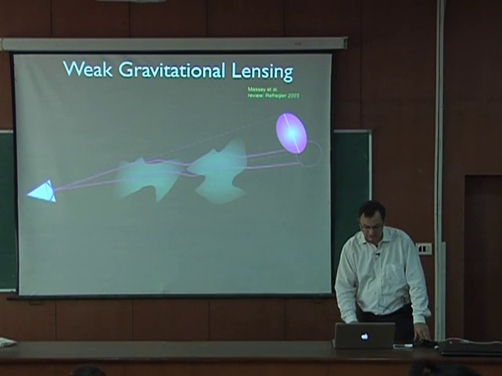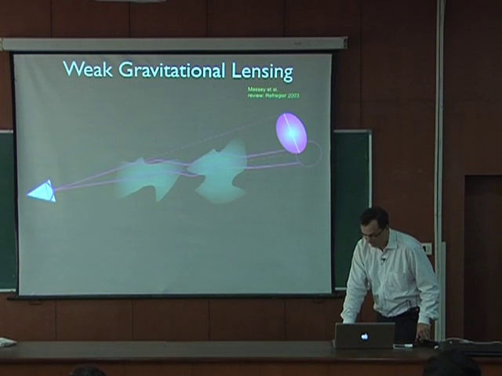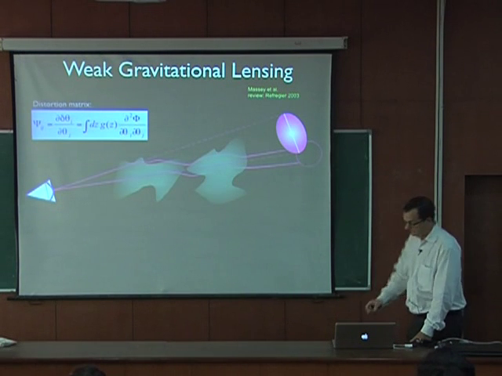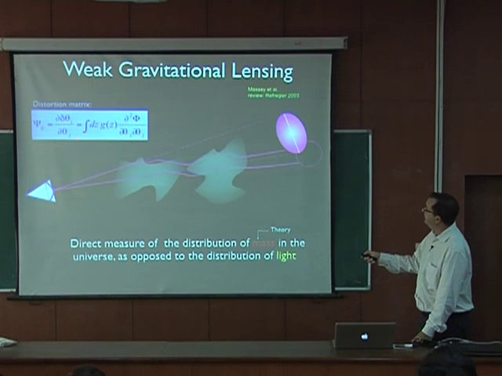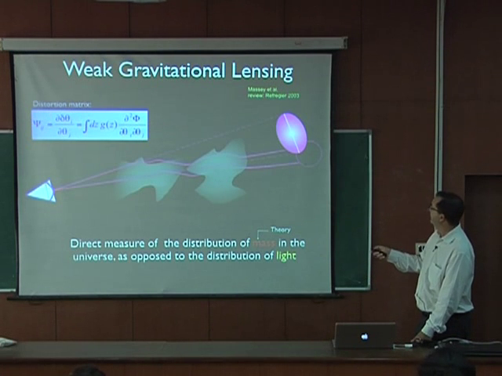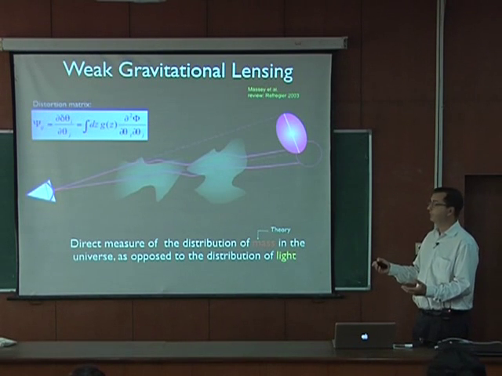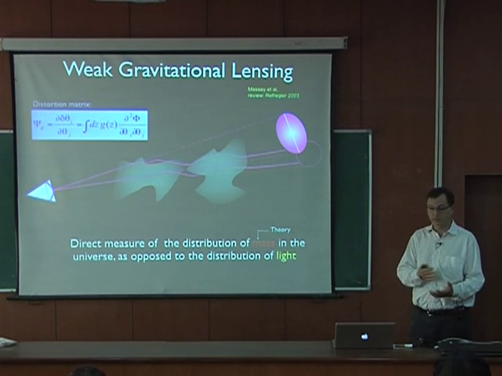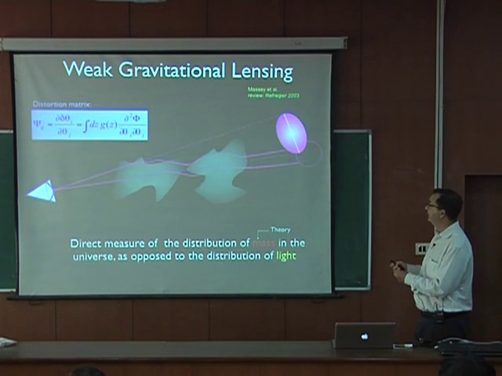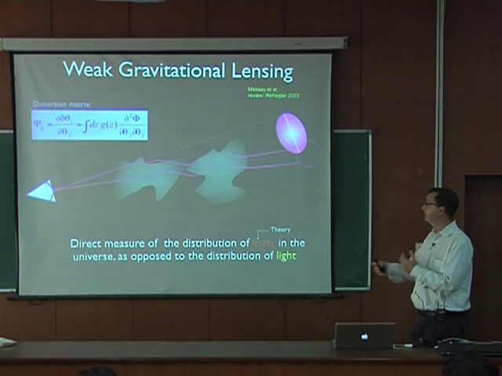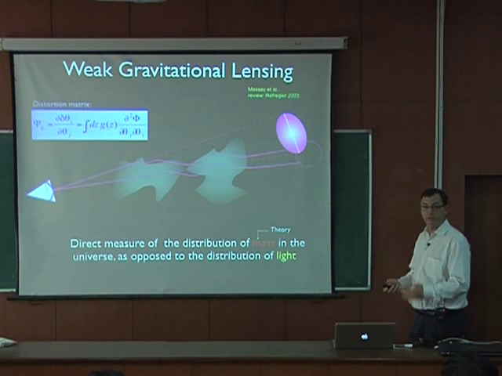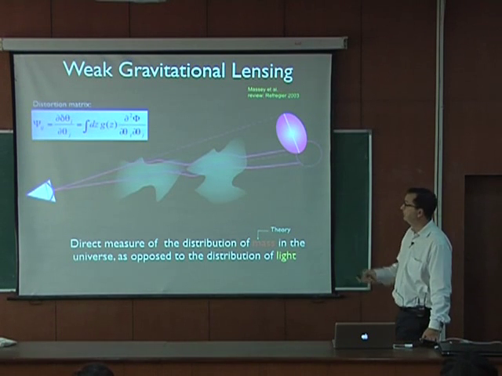Now, in the weak lensing regime, the beauty of it is that this distortion, when it's weak, is entirely described to first order by this distortion matrix that I showed before. Okay? So you can do a Taylor expansion of the distortion. If the distortion is weak, it's only the first term that matters, and it's this distortion matrix.